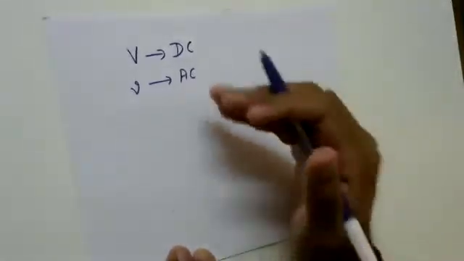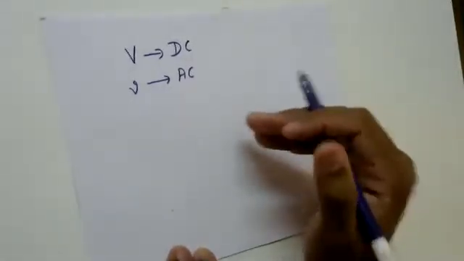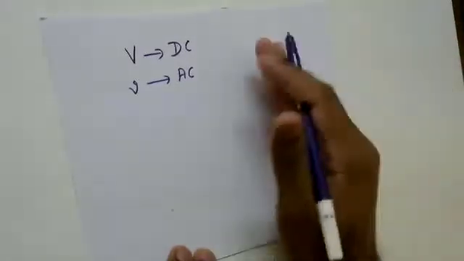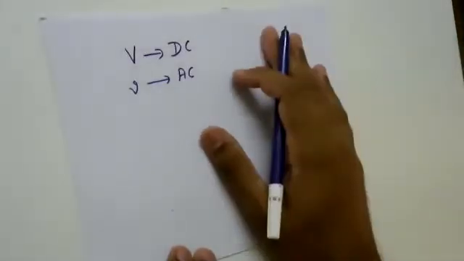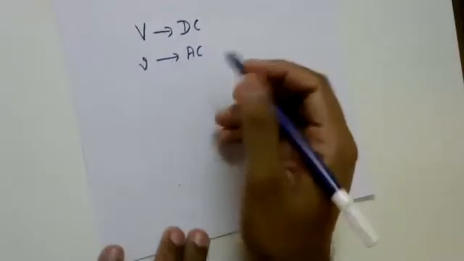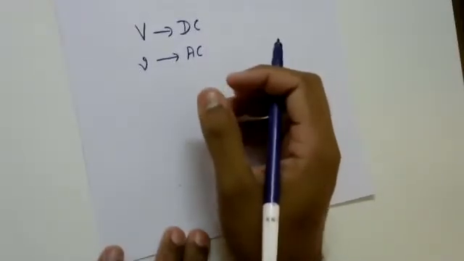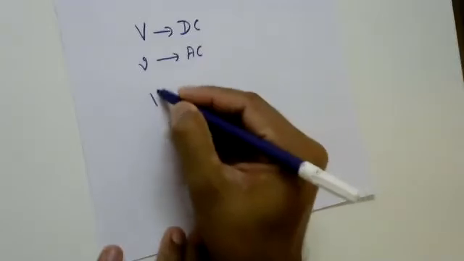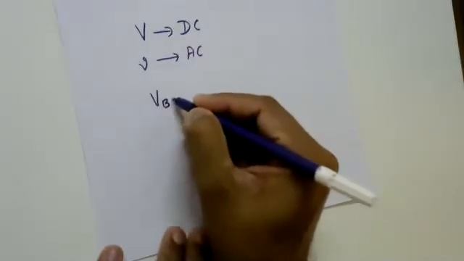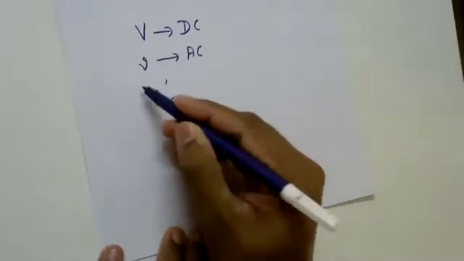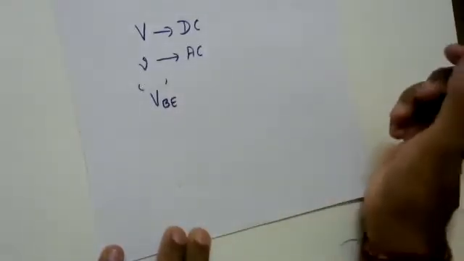Okay, now I will write few terms. You should be able to tell me whether it is AC or it is DC or it is a combination of AC and DC. So if I write the term as V_BE in capitals with a subscript, what term is this indicating?